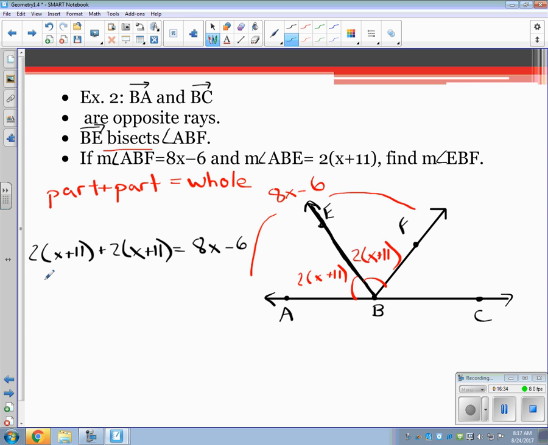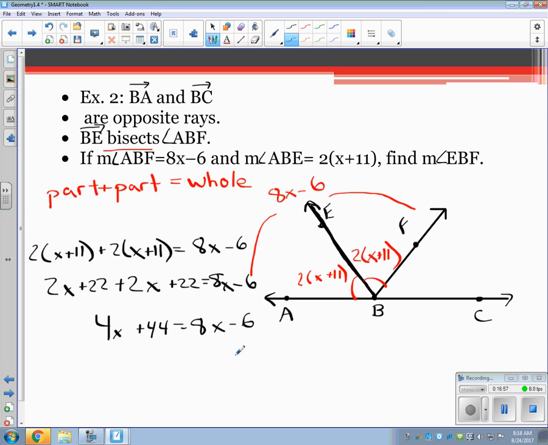Distributive property first, so 2x plus 22, and we know this is going to give us the same thing, 2x plus 22 equals our 8x minus 6. Combine our like terms, 2x plus another 2x becomes 4x, 22 plus 22 becomes 44, and that equals 8x minus 6 still.